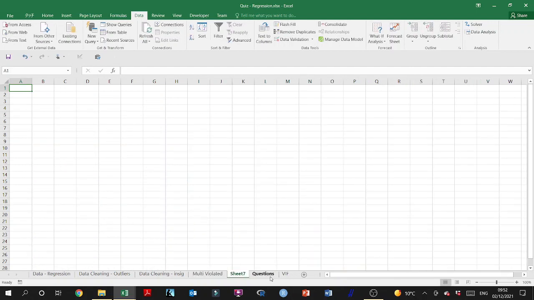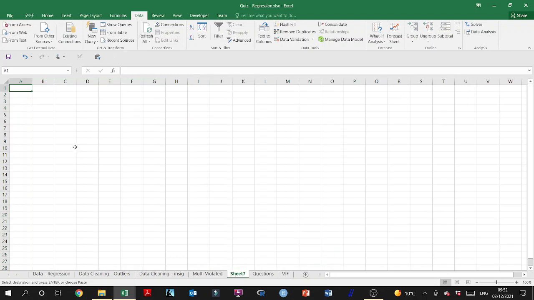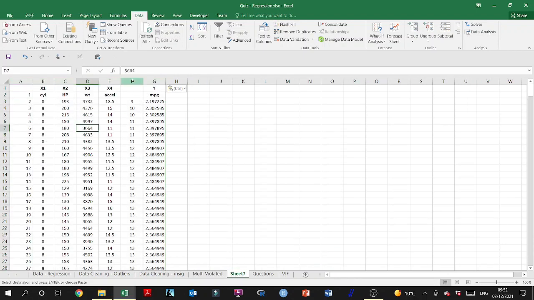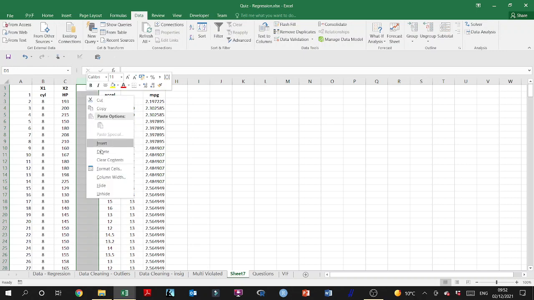So now I'm going to start a new sheet, and to fix the multicollinearity, we are going to start here by getting rid of WT, right? I'm going to take this here, and I'm going to just delete WT. Or I can put it on the side, so I can do that too.